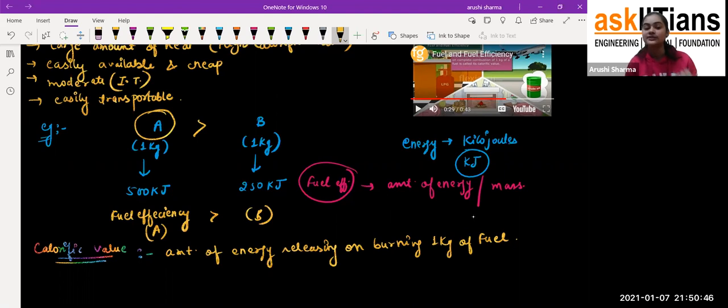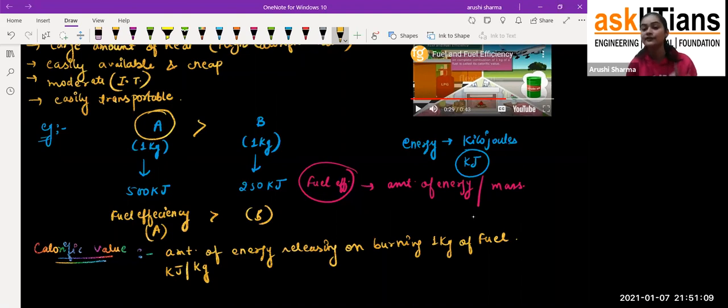Got my point? So calorific value can be given in kilojoule per kilogram. Sorry, I had written it vice versa. It is the amount of energy released on burning 1 kilogram of fuel, or the amount of energy per unit mass.